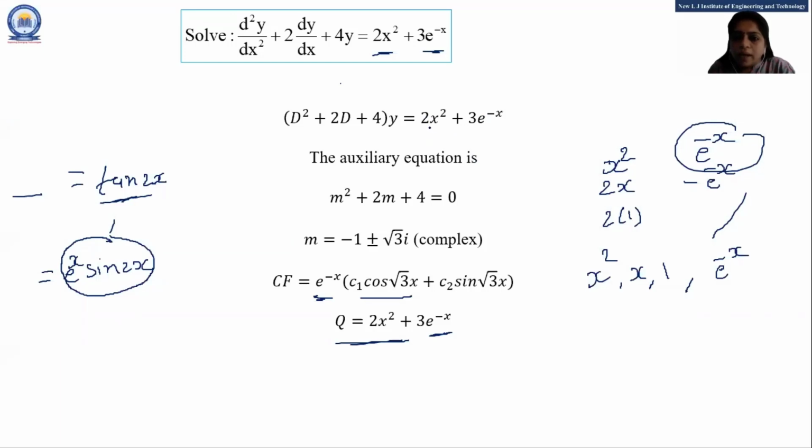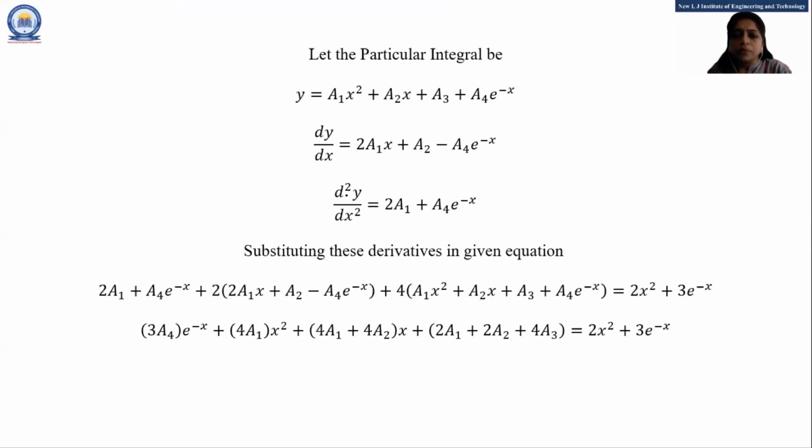So we write different families: a family of x square with x square, x and 1, and the family of e raised to minus x by e raised to minus x itself. So for the particular integral, y equals a1x square plus a2x plus constant term a3. This is about the family of x square. And a4 e raised to minus x. This is the family of e raised to minus x.